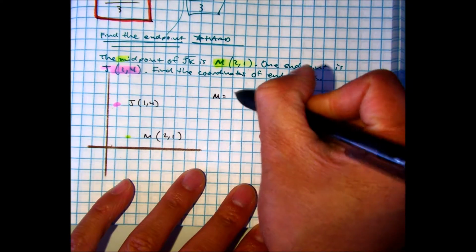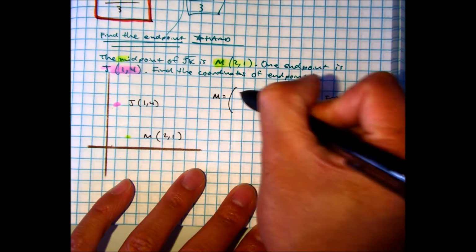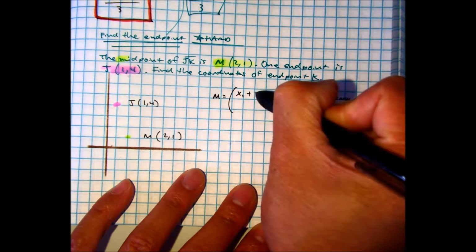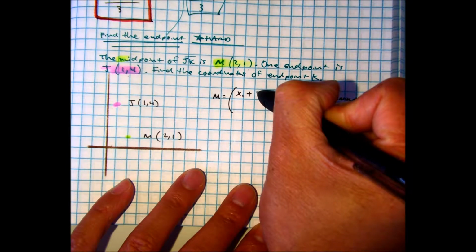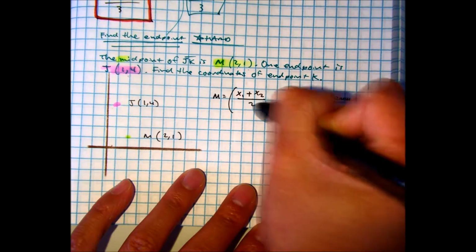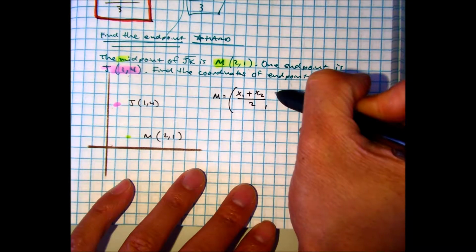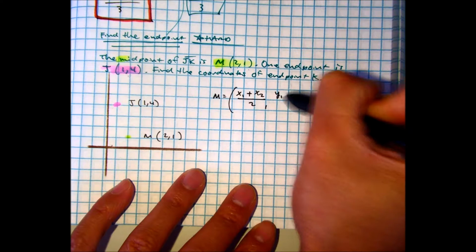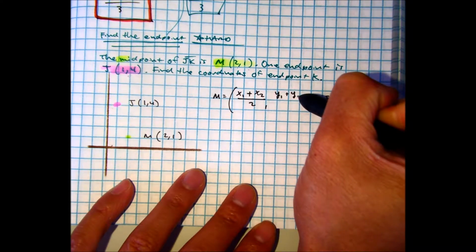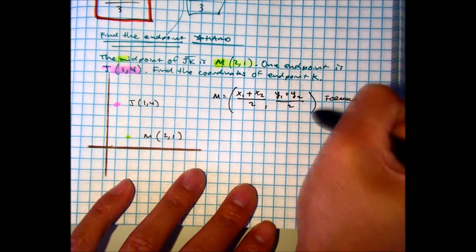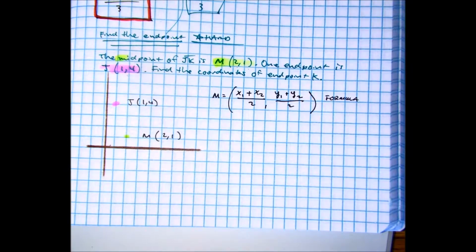Parentheses, x1 plus x2 over 2, comma, y1 plus y2 over 2.